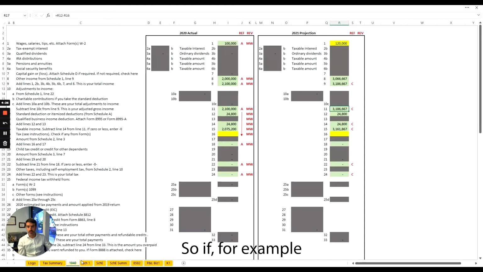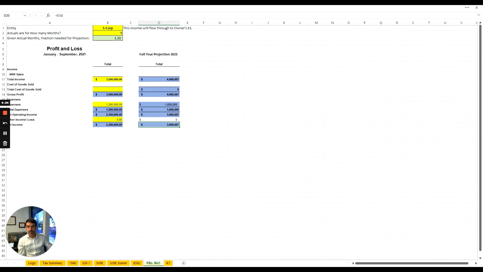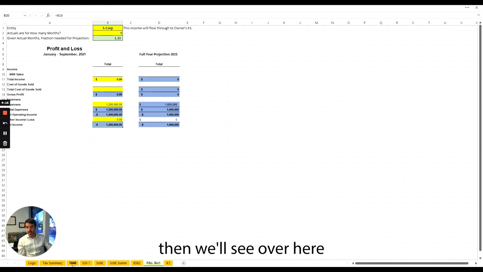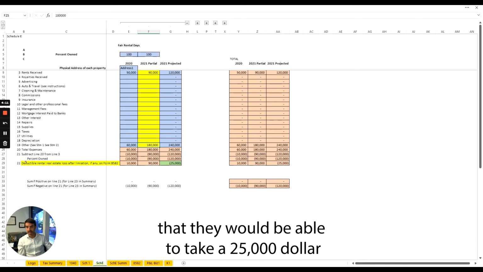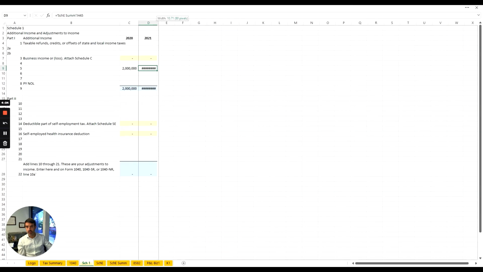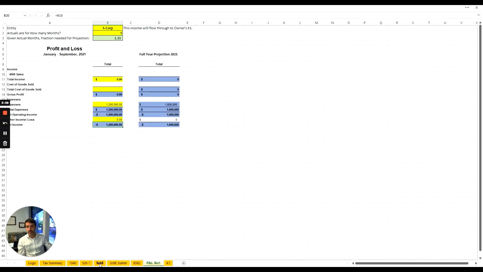So as we can see over here, if, for example, let's say they didn't have any business income, right? Then we'll see over here that they would be able to take a $25,000 loss. The $25,000 loss is because of the $25,000 on their Schedule E income.